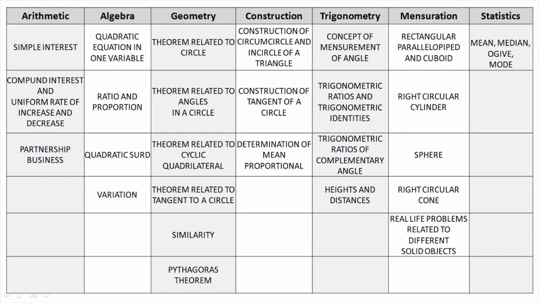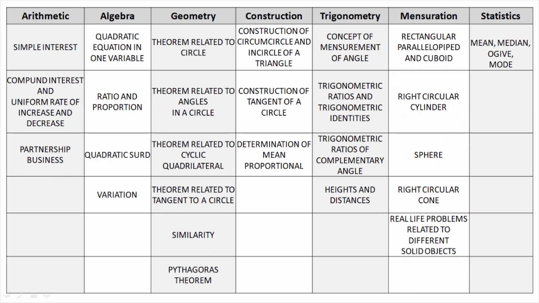In mensuration, we'll be studying rectangular parallelepiped and cuboid, right circular cylinder, sphere, right circular cone, and real life problems related to different solid objects. Actually this is a chapter which contains all of this, a combination of these 4 chapters.